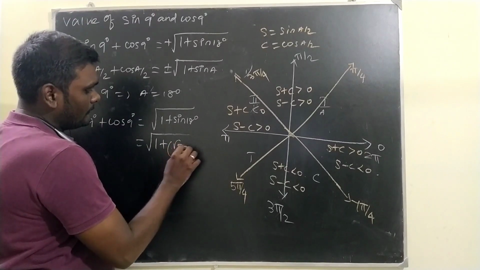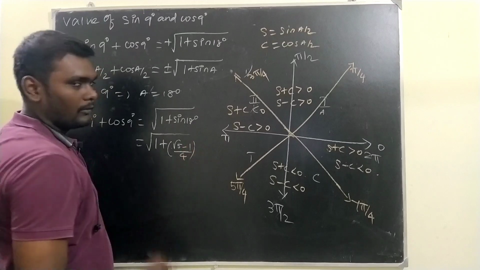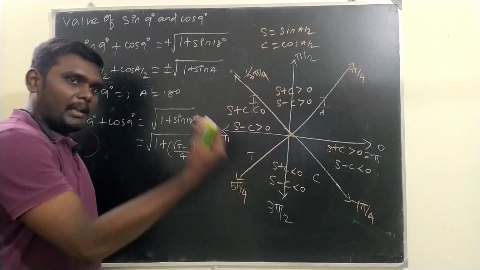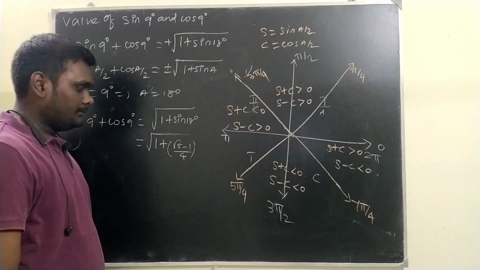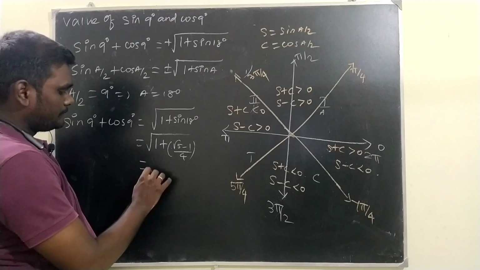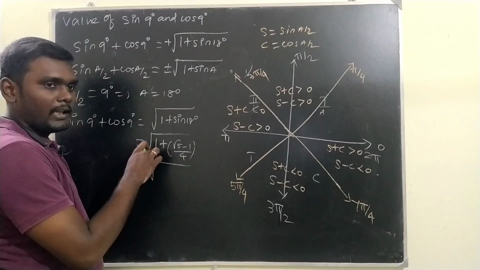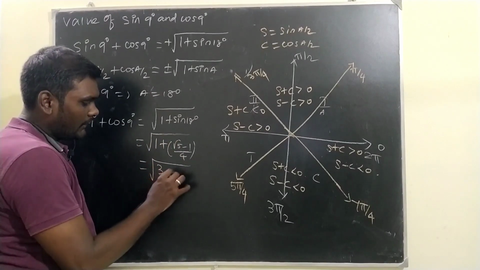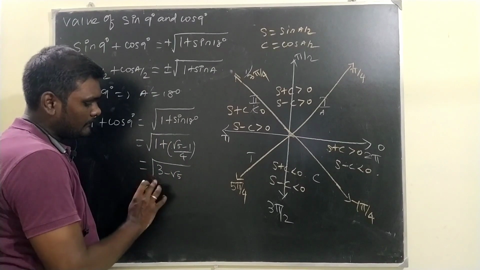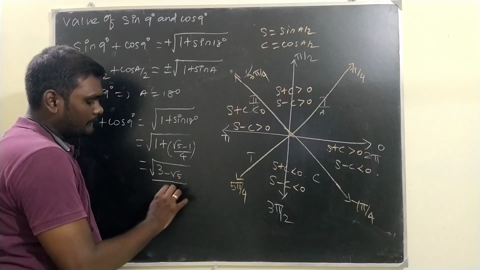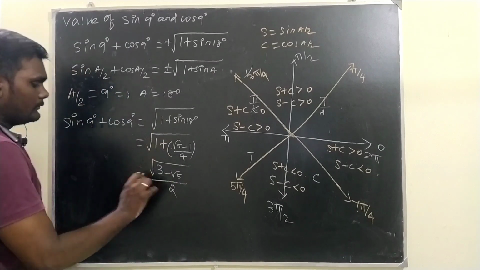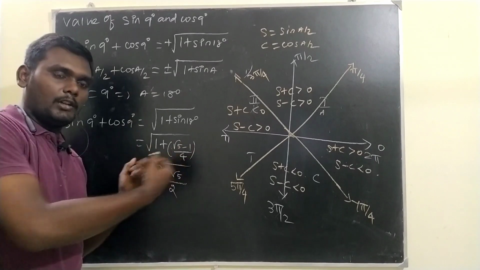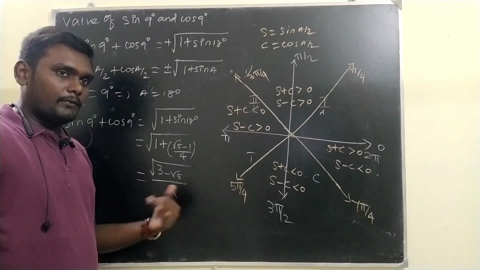Root 5 minus 1 by 4, which we solved in the previous sections. So that is the square root of, this 4 can be cross multiplied, so 4 minus 1, it is 3 minus root 5 by 2. Why 2? This 4 alone, I take it as common out of the root.